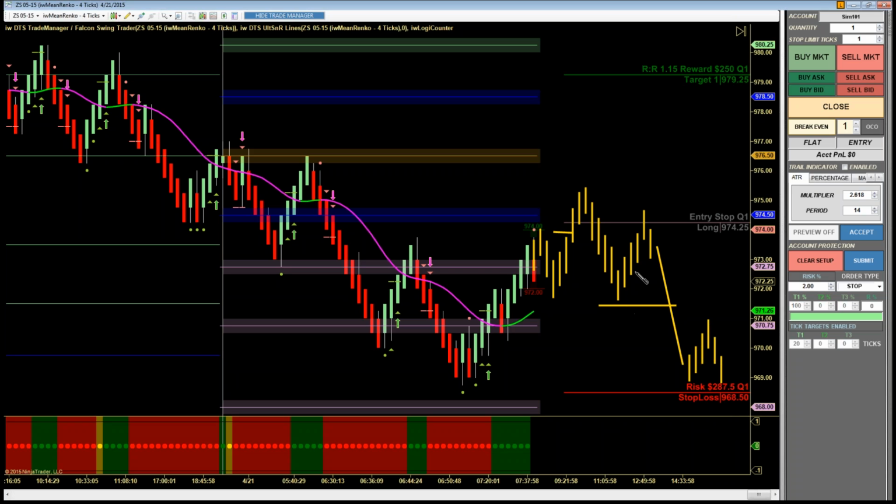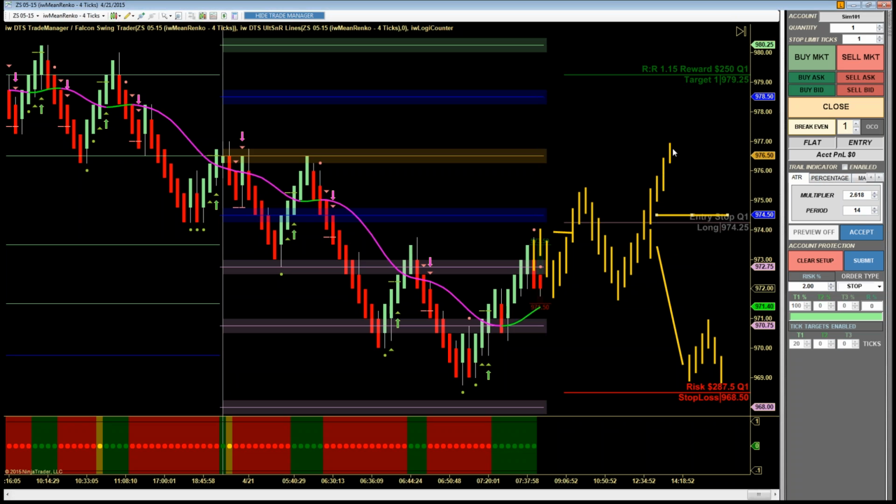But if the market did follow through here, well then it's just going to keep going higher. Oops, wrong button. It's just going to keep going higher, and then you may as well try to get your trade to break even as soon as possible, in which case I would be following the market higher, at least so I could get it to break even.